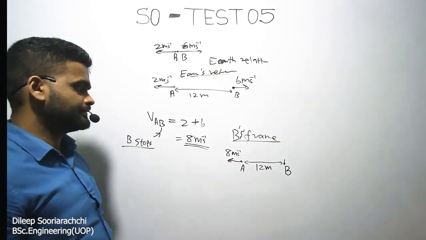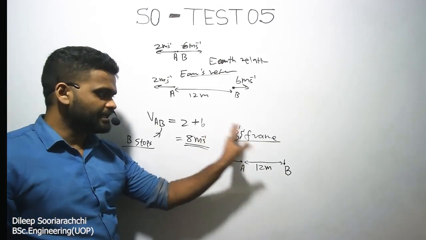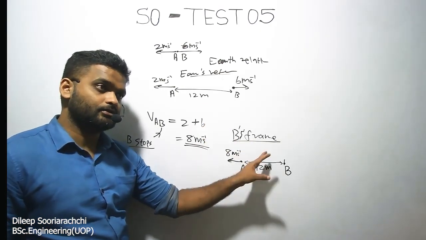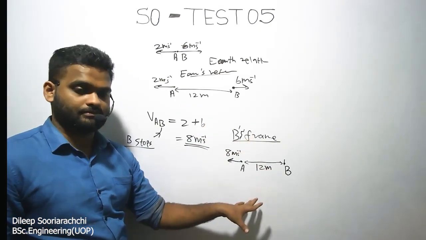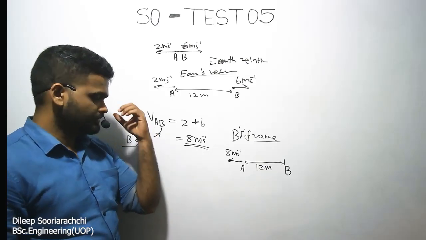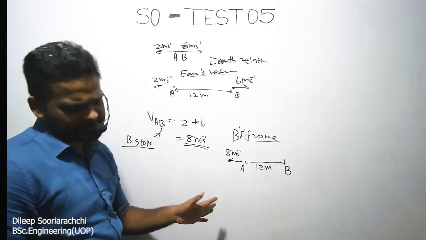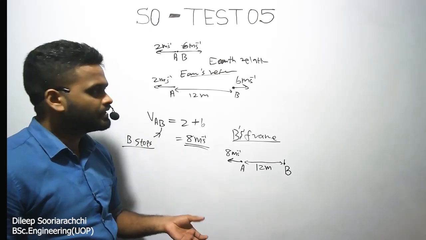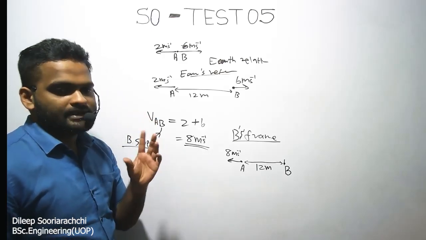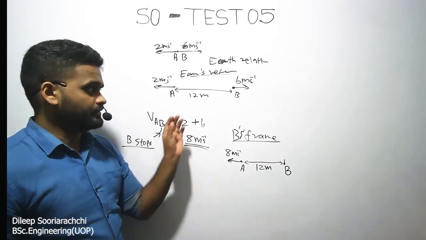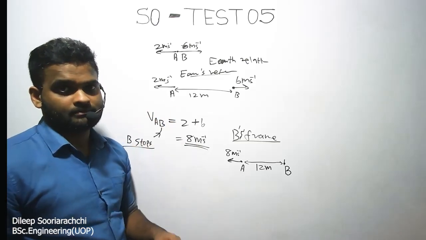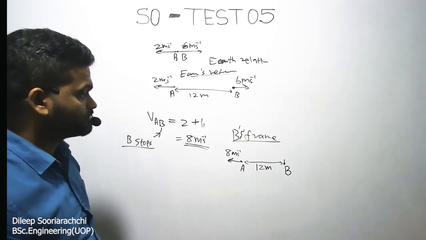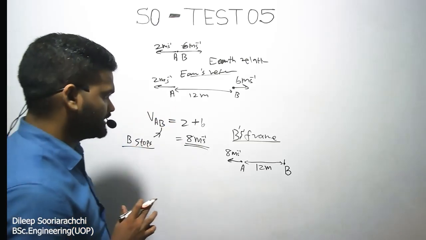Got it? So everything in B's frame should be relative to B. Until you understand this, it might look confusing. But once you understand this, you can do these types of questions within 5 seconds without even writing anything. But before that, understand these concepts.